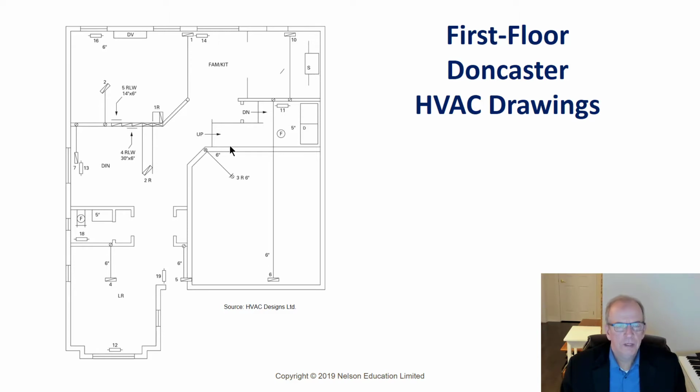And with more efficient houses today, and we'll talk about that as well, we use typically an HRV, which is a heat recovery ventilator. I talk about that a little bit more in the next session when we look at the building envelope and what that does. But a heat recovery ventilator allows for fresh air to enter the house and stale air to exit, so that you have a constant source of fresh air in the house.